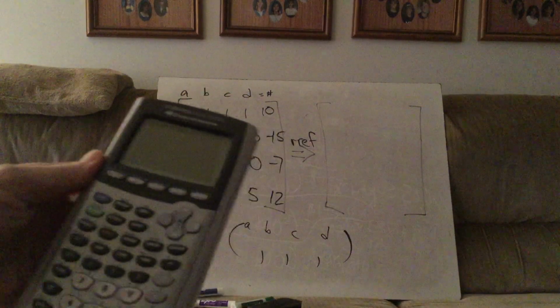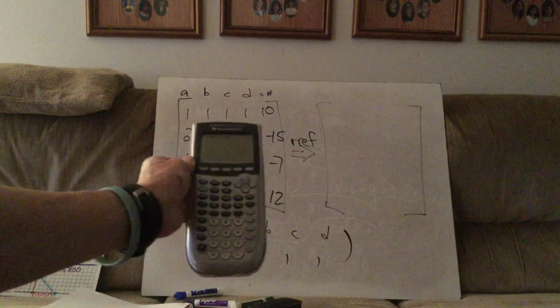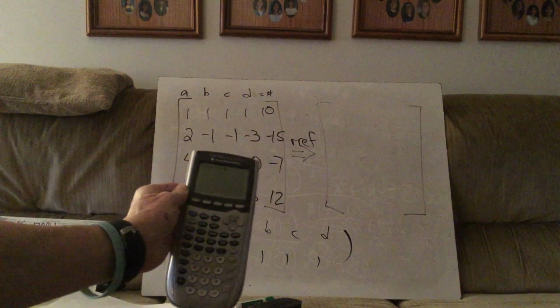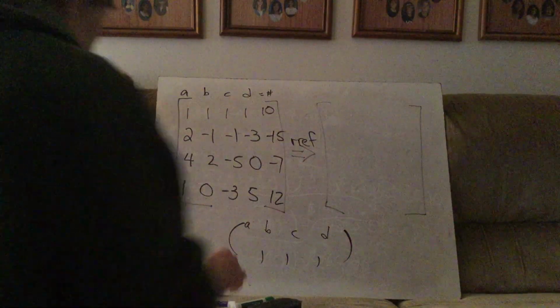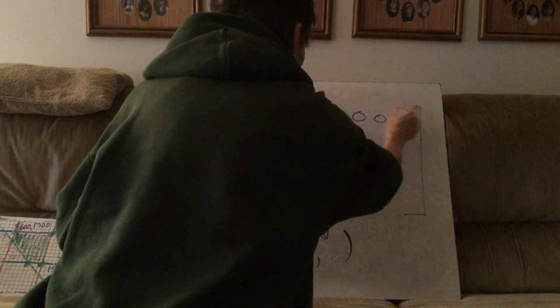Enter. So now, I don't know if you can see it, it's kind of dark. It says RREFA. Press enter. And the matrix comes out like this.